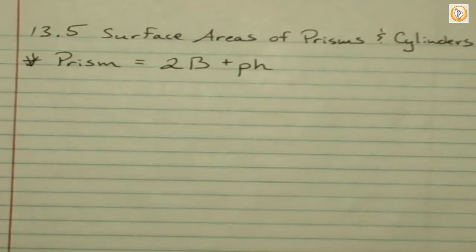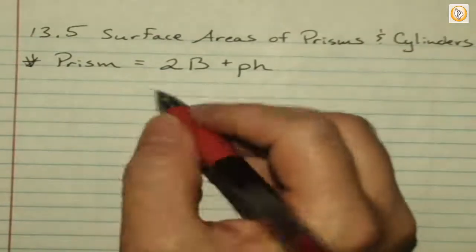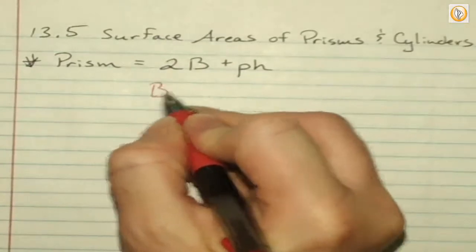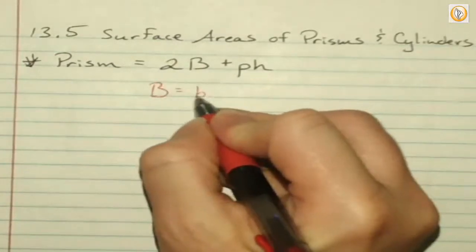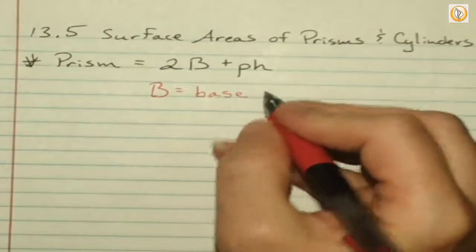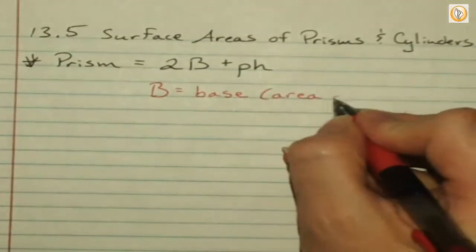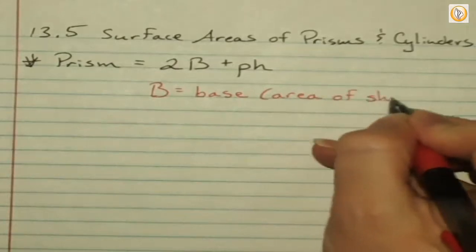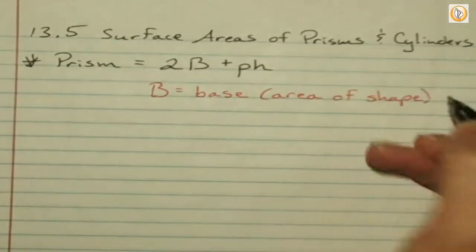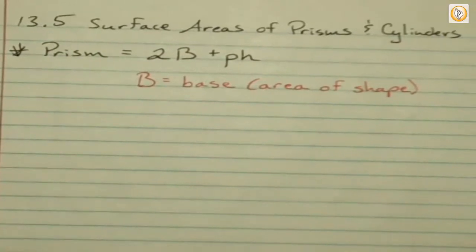Now, the big B is your base, but it's the area of the shape. That's what it really is, the area of the shape.